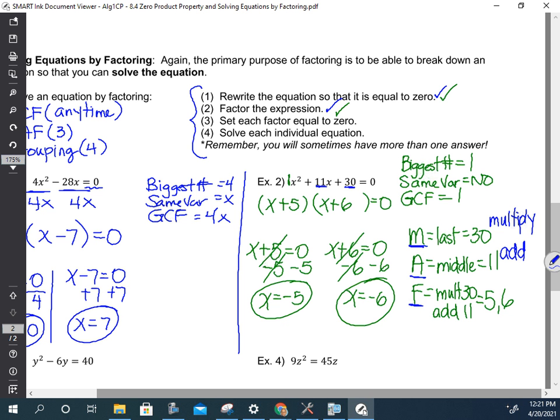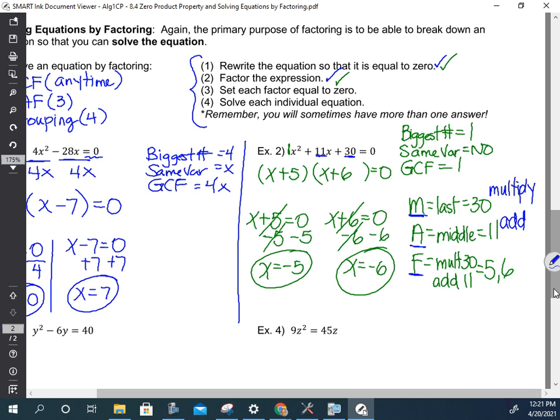So that's 1 times 30, 2 times 15, 3 times 10, 5 times 6. And we start adding to see what gets to 11. 1 plus 30 is 31, that's not going to work. 2 plus 15 is 17, that's not going to work. 3 plus 10 is 13, that's not going to work. 5 plus 6 is 11. So 5 and 6 is our combination.